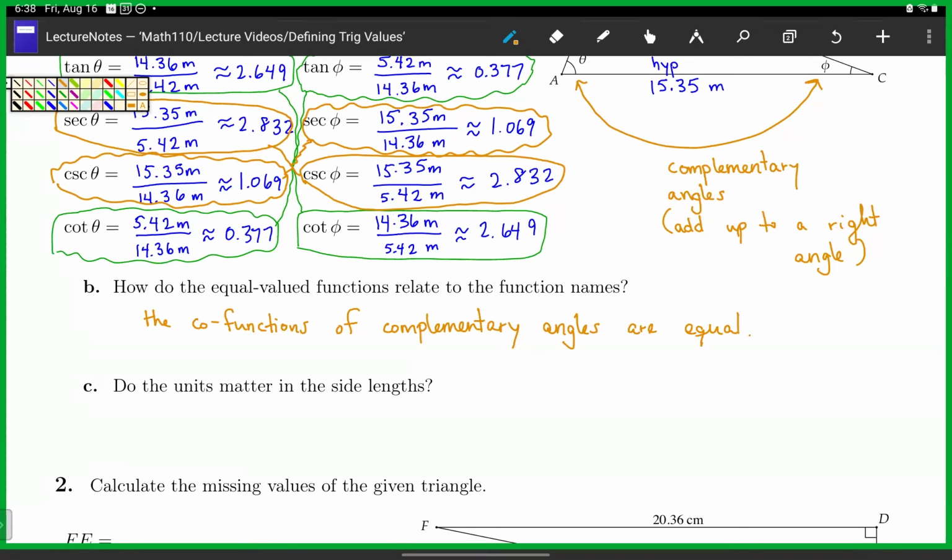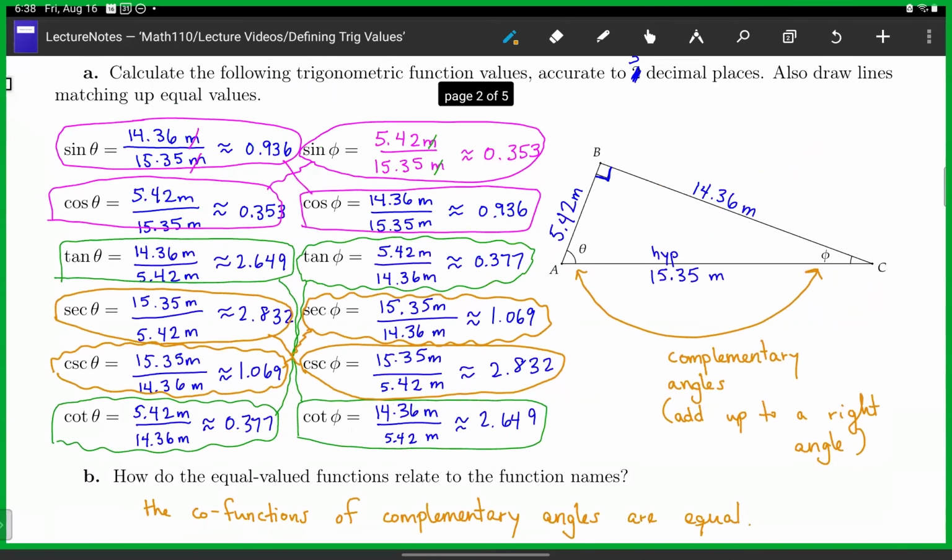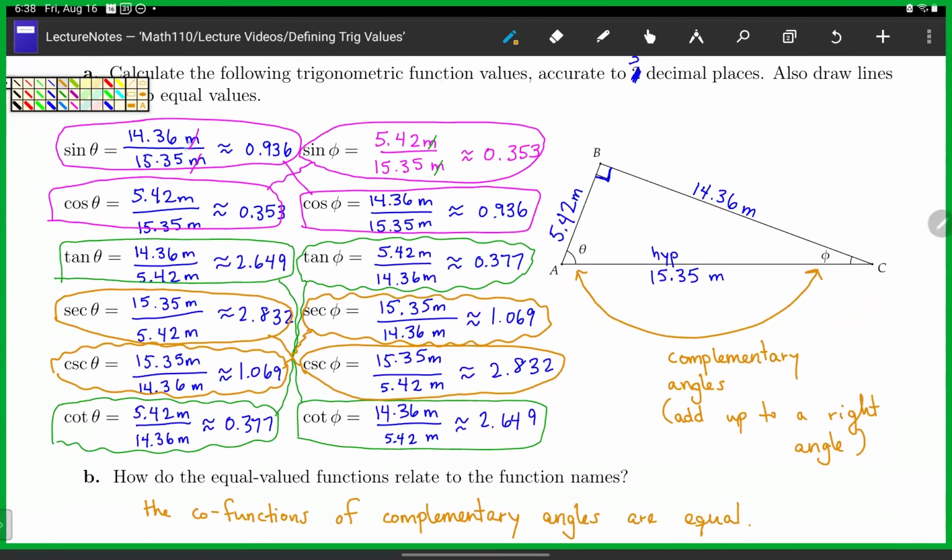So here's a question, do the units matter in the side lengths? I already kind of addressed this up here, that the units are always going to cancel out. As long as you have the same unit being used in each of the side lengths in the ratio, those units are going to cancel out.